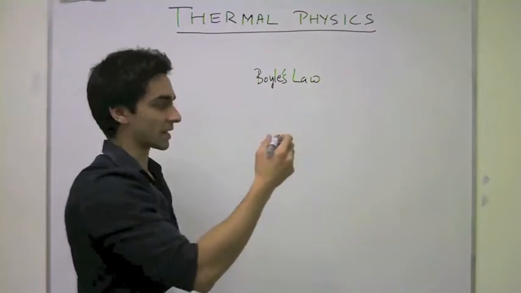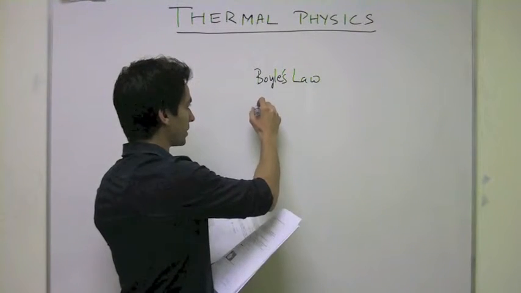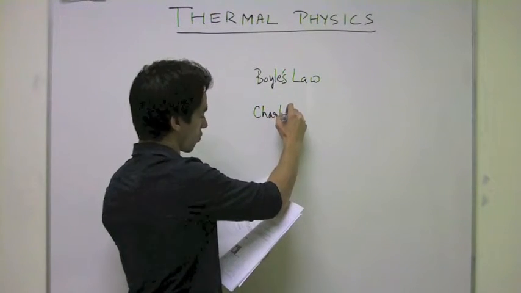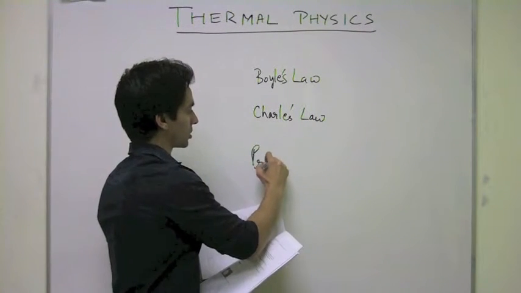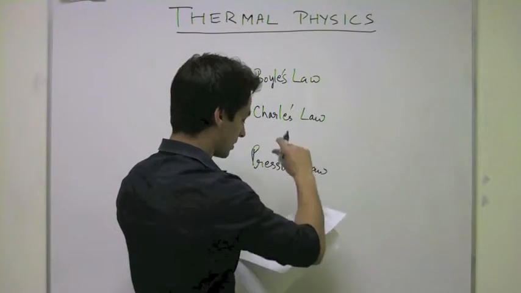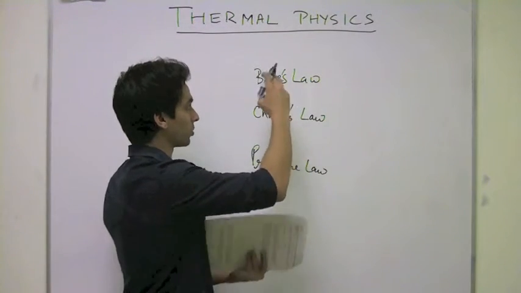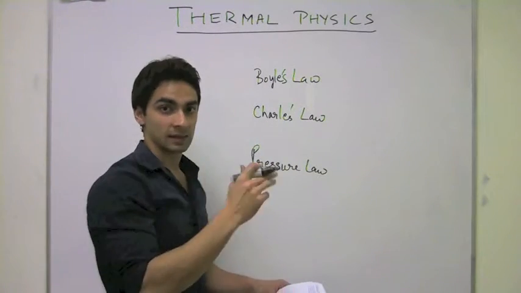The students do not actually need to get into too much detail over here, because it has hardly ever been that they've been tested directly on what is Boyle's law or what is Charles' law and the pressure law. They may not even be expected to know these individually. What's most important is that they understand the ideal gas equation.